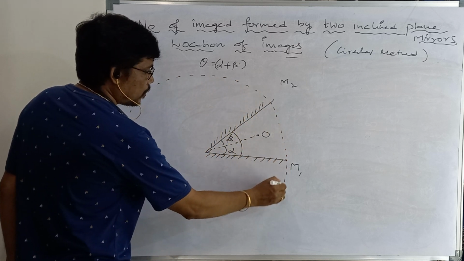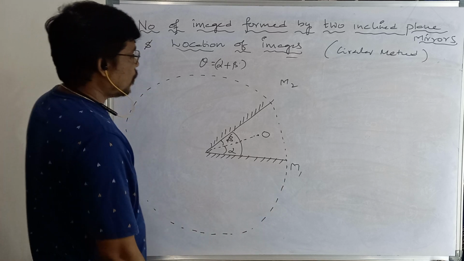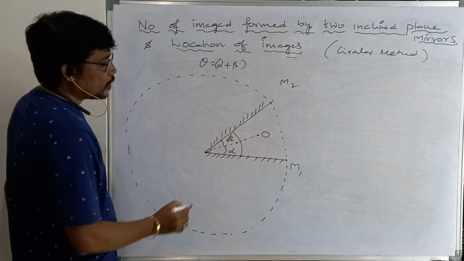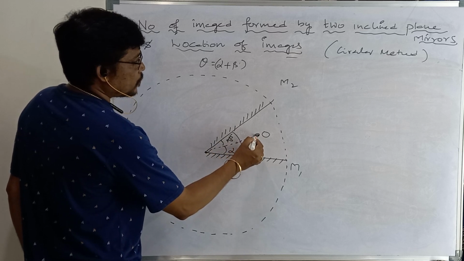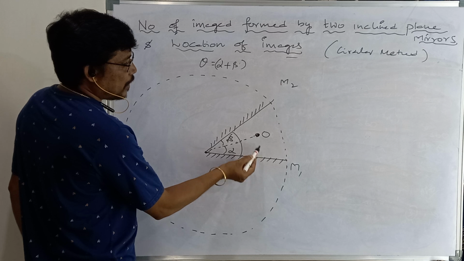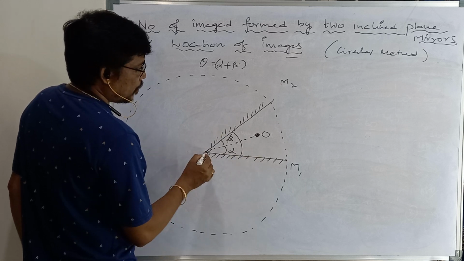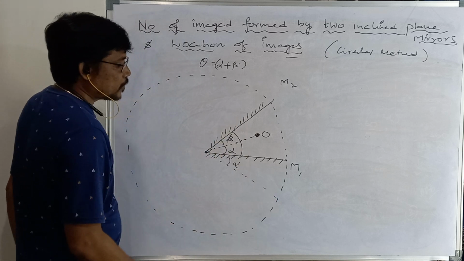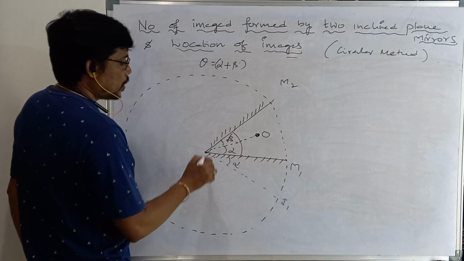That means all the images will form on the circumference of a circle. See carefully. The object is placed along the angular bisector. This is the object. This object will produce an image for mirror M1 at an angle of alpha, so because of mirror M1 it is image I1.